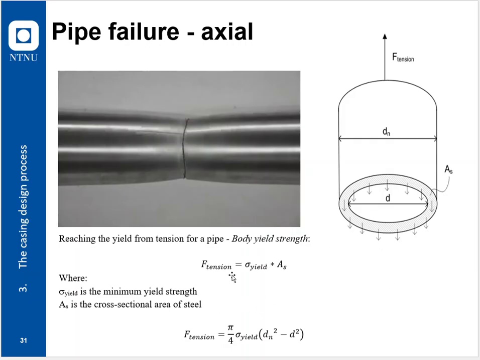When you have too much weight hanging, let's say you're running a casing string and you have chosen the wrong wall thickness, the wrong D/t ratio, then if the casing string is so long that it cannot support its own weight, it will fail in this failure mode, tension. It will have what is called necking and part in this way.